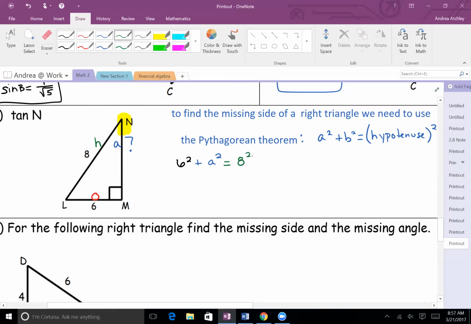Any questions over that? You can use any variable you want for that missing side. I just chose a because it's the adjacent side.